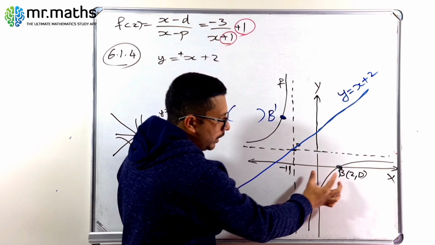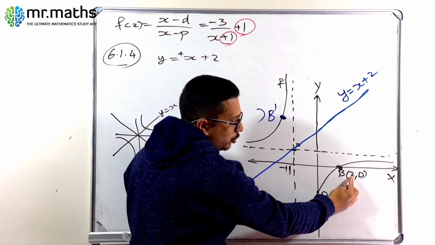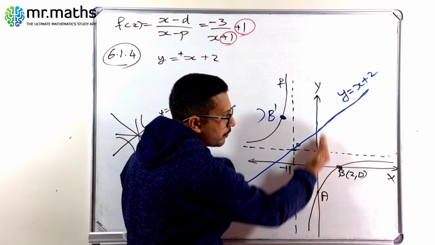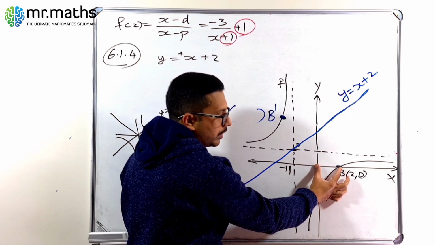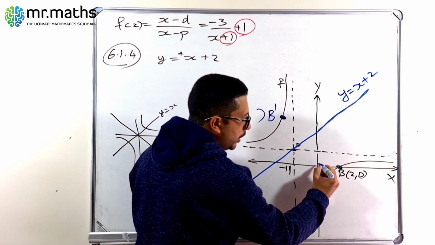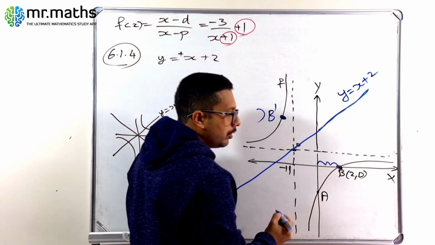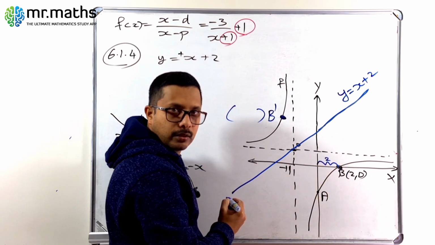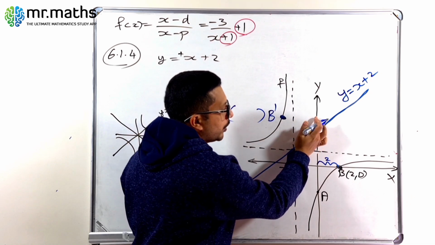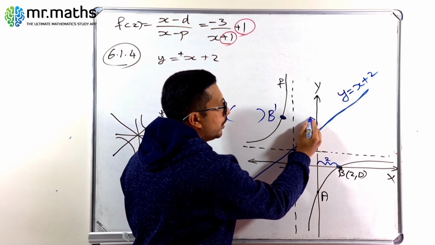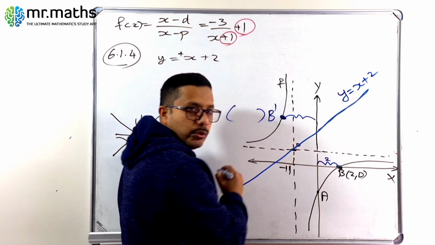Okay, here what does this B(2, 0) stand for? The distance from the y-axis, or from the origin to this point, this distance is 2 centimeters. So on the reflected graph also, the distance from the y-axis to that reflected point is supposed to be 2.